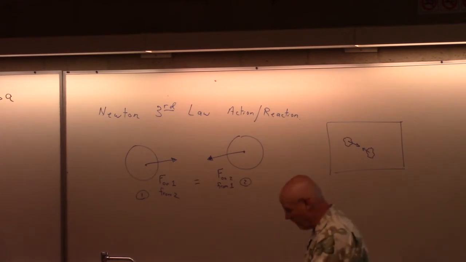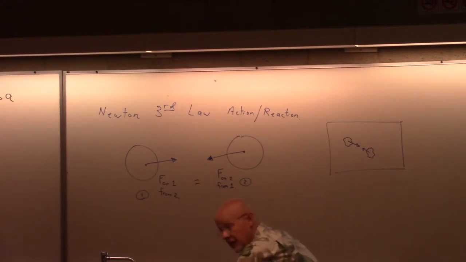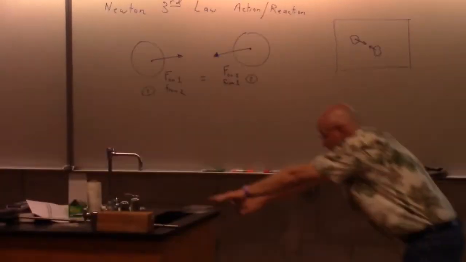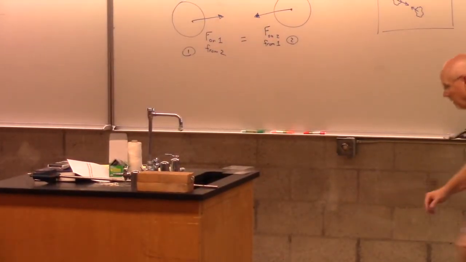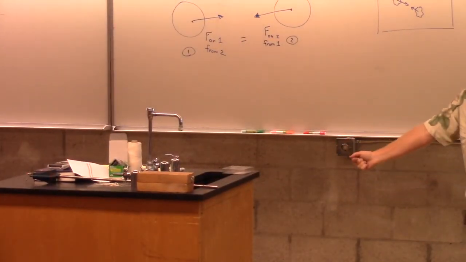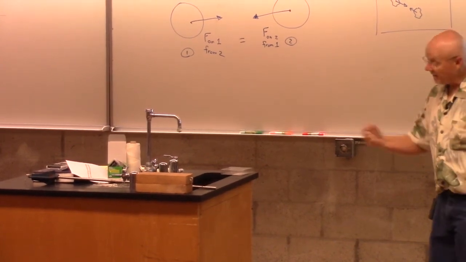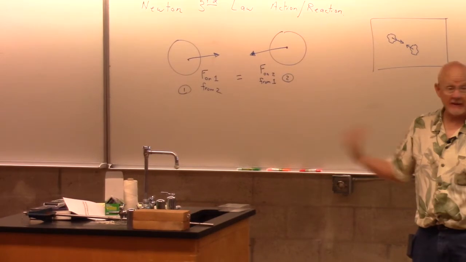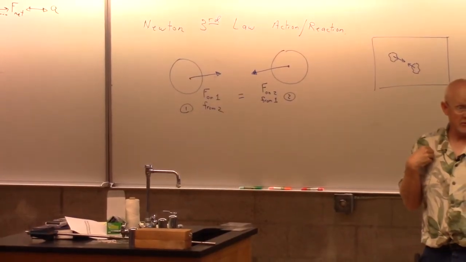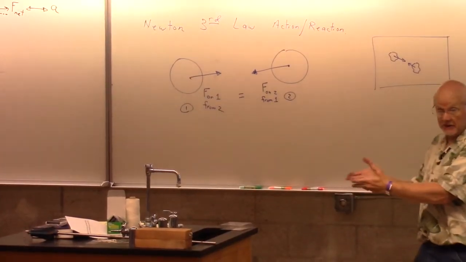And so if I came over here and I took this table and I pushed it, I put a force on it, but it also put a force back on me. But if I'm interested in the motion of this table, let me not worry about the forces on me, just what's on the table.